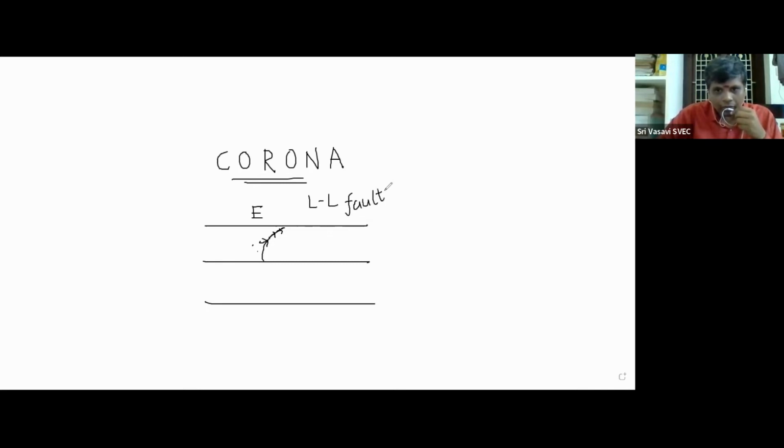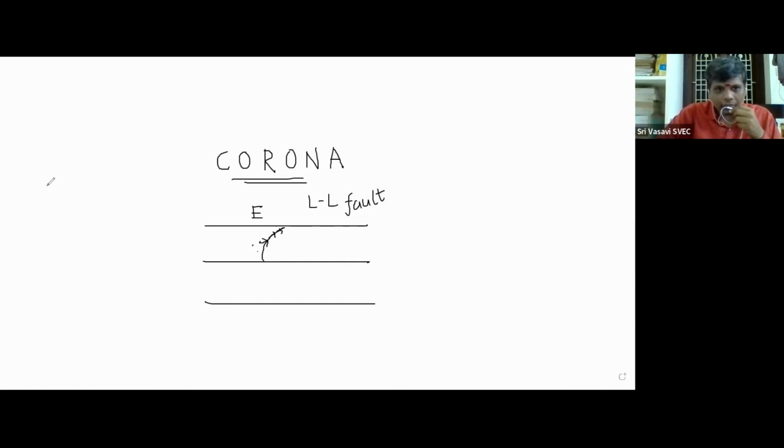So the corona can be observed. While you are seeing it, you can observe that there is a corona formation in between the power conductors. So how can you detect that?